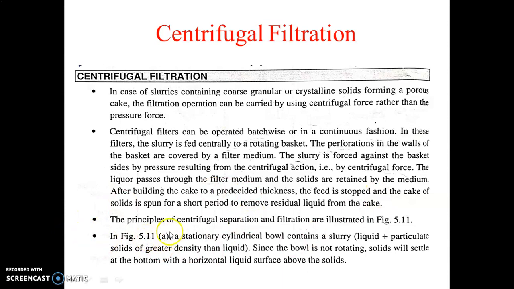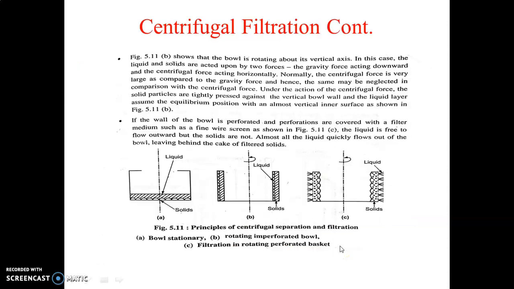So first we will discuss what is the principle of centrifugal filtration. There are three figures shown here. In the first figure the bowl is stationary. This is called a bowl, B-O-W-L. Bowl is nothing but a basket; you can call it a basket or bowl.